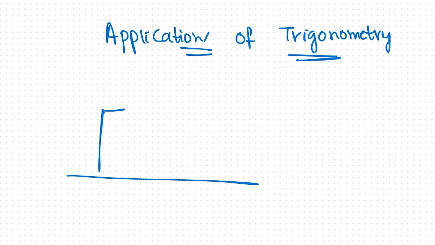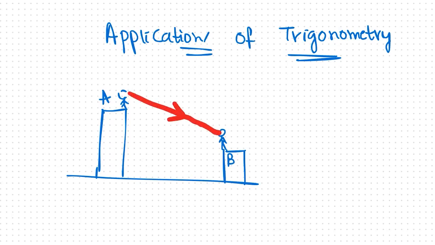There is a building like this here, and another building like this. Person A is standing here, and another person, B, is standing here. Obviously, if they are looking at each other, they make angles like this. This is called the line of sight.